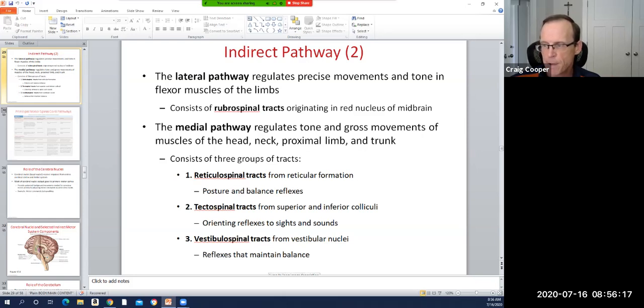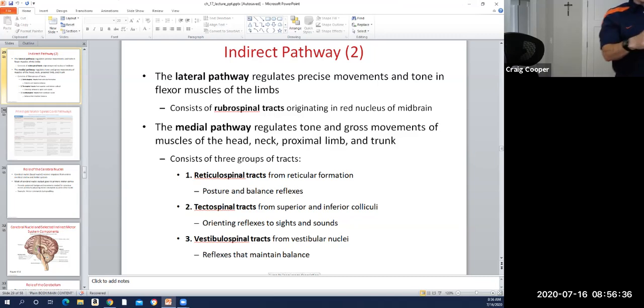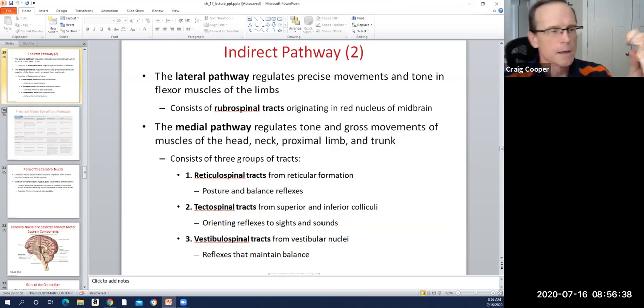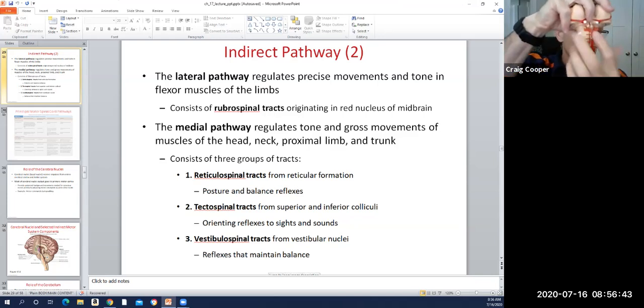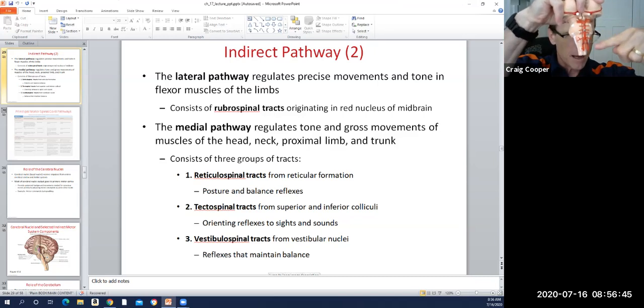The tectospinal, the guy in the video mentioned these. It's going to relay information from the superior and the inferior colliculi. Let me find my brain here. Not literally. My brain stem. So this is the brain stem. So these would be my thalamuses. Then we've got our midbrain, we've got our pons, we've got our medulla.